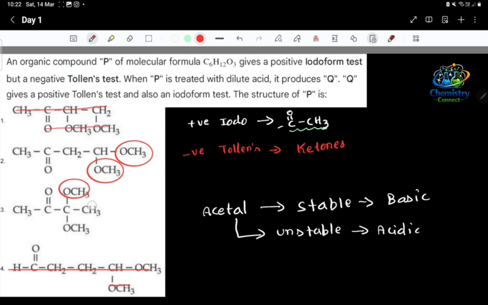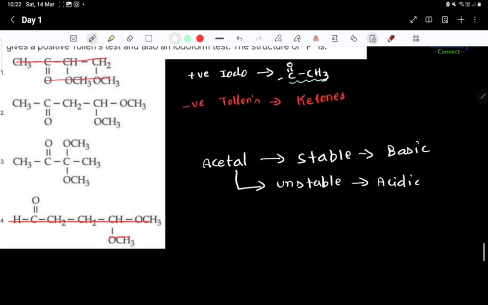Now, let me check option 2. Option 2 says the structure will be CH3, C double bond O, CH2, CH, OCH3, OCH3.